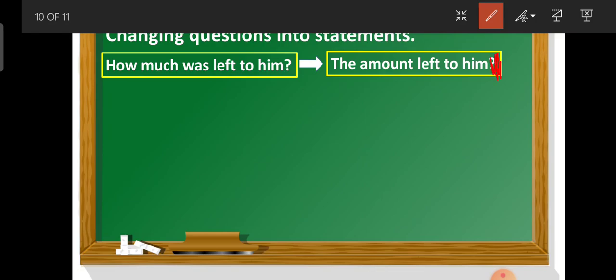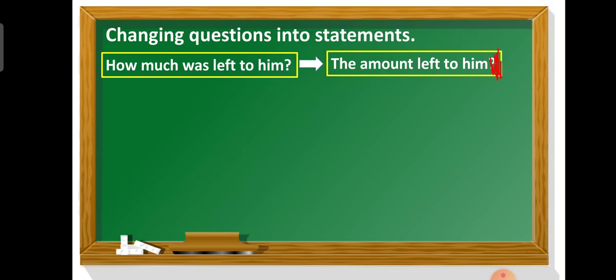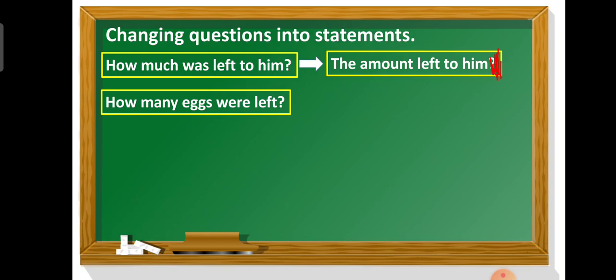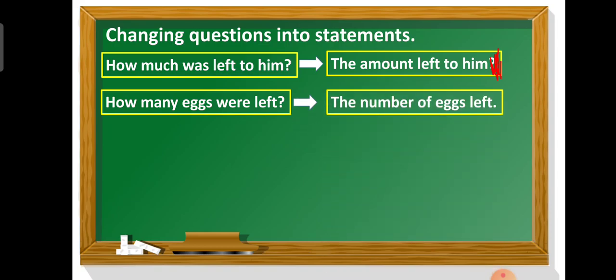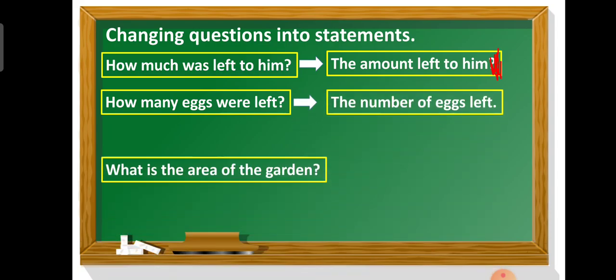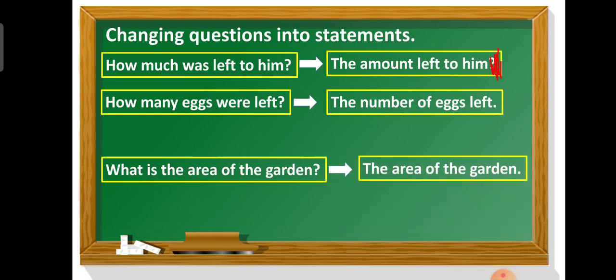Okay? Another example, how many eggs were left? Instead of writing how many eggs were left, you need to write the answer to what is asked as the number of eggs left. What is the area of the garden? Instead of writing what is the area of the garden, you need to write the area of the garden.